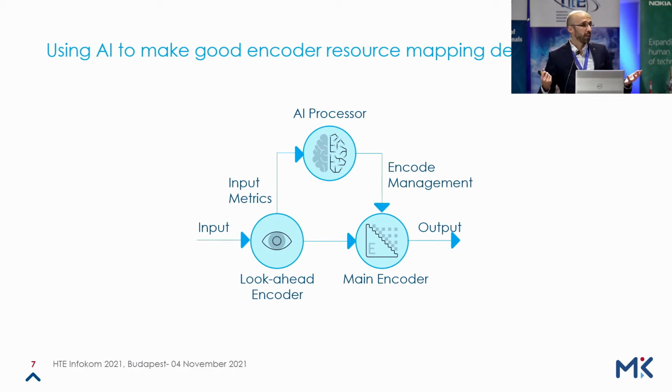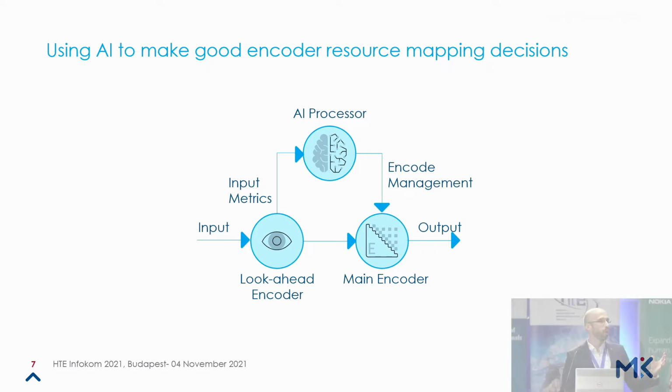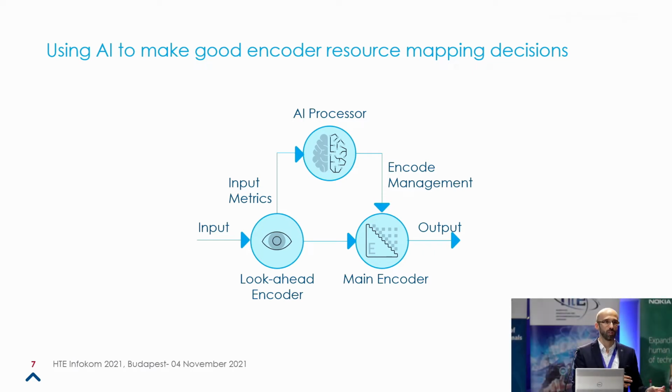So how did we do that? Well, first, we went through a big training process. You start with a very big library of content that you try to encode, you change the parameters, and then you try to understand how the characteristics of the input video were affected by turning some of those tools on and off.